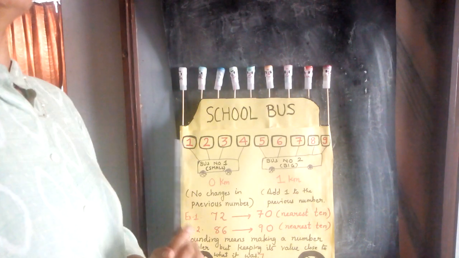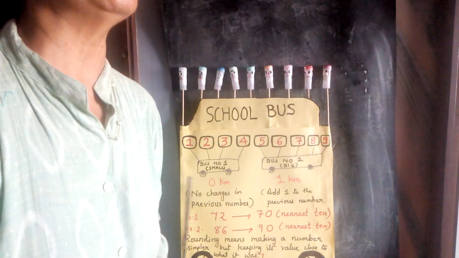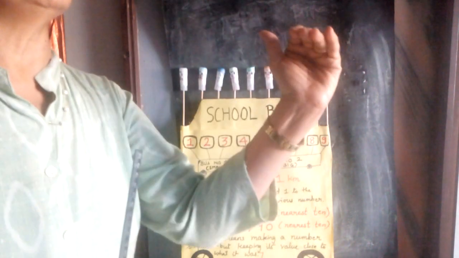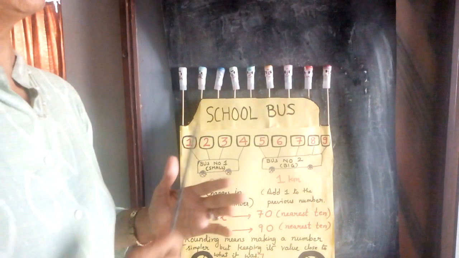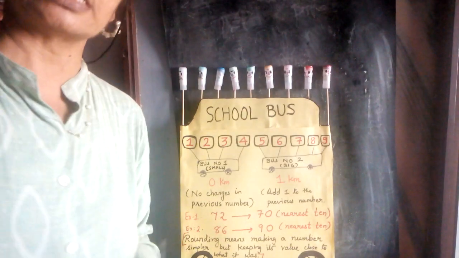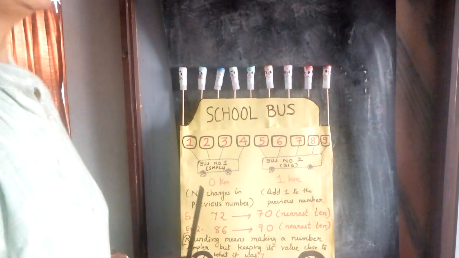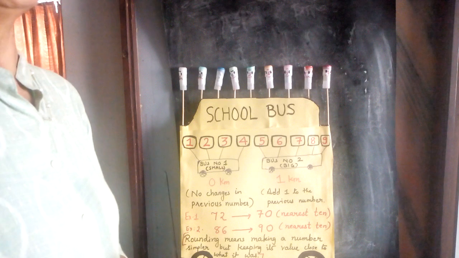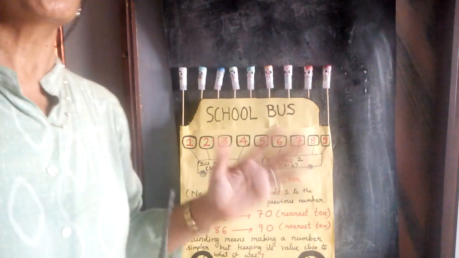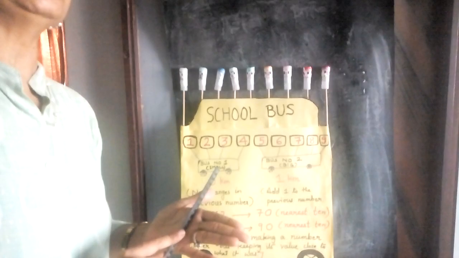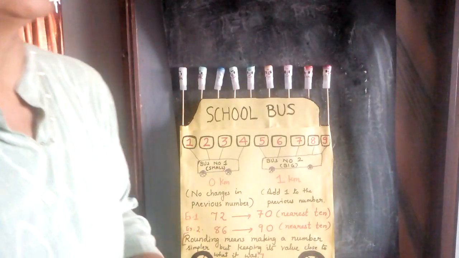Rounding means, suppose when you are travelling by rickshaw, suppose it is the shortest distance, the minimum fare is 18 rupees. Sometimes you give 20 rupees to the rickshaw person and you ask for 2 rupees change. Then he says, I don't have. That means you have given 2 rupees extra. So rather than 18 rupees you have given 20 rupees.